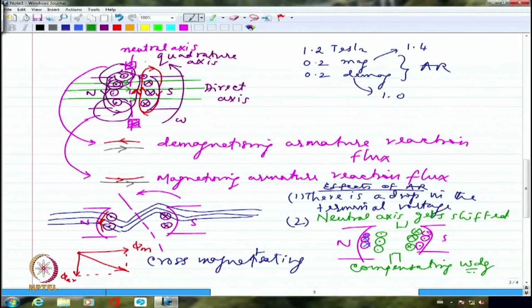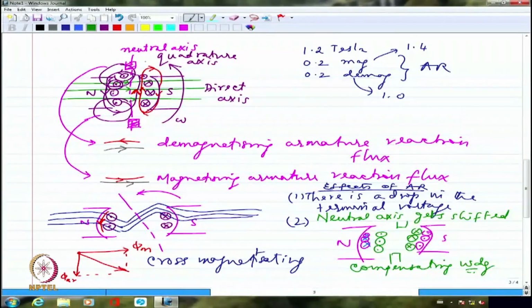That's what we saw. So both these things can be eliminated if I have compensating winding and interpoles. They will essentially make sure that the armature reaction effect is completely nullified if I have an appropriate design of interpole and an appropriate design of compensating winding.